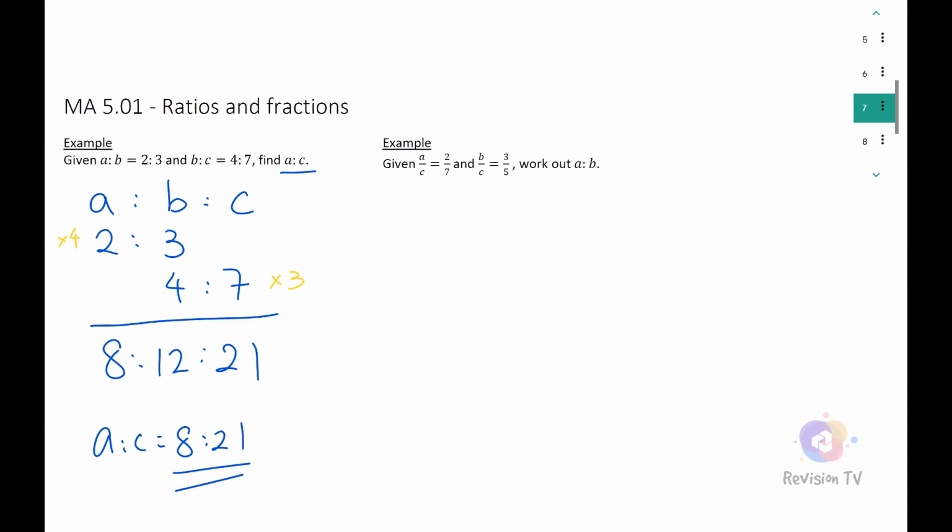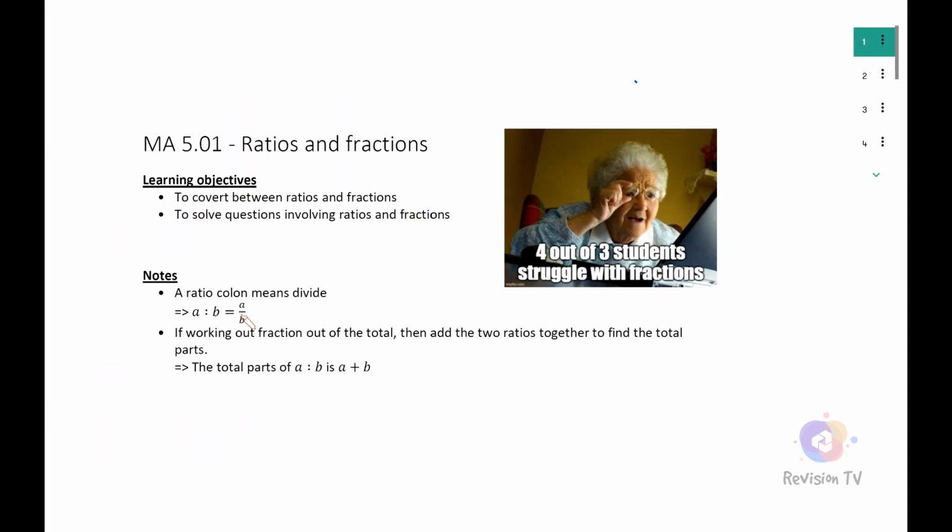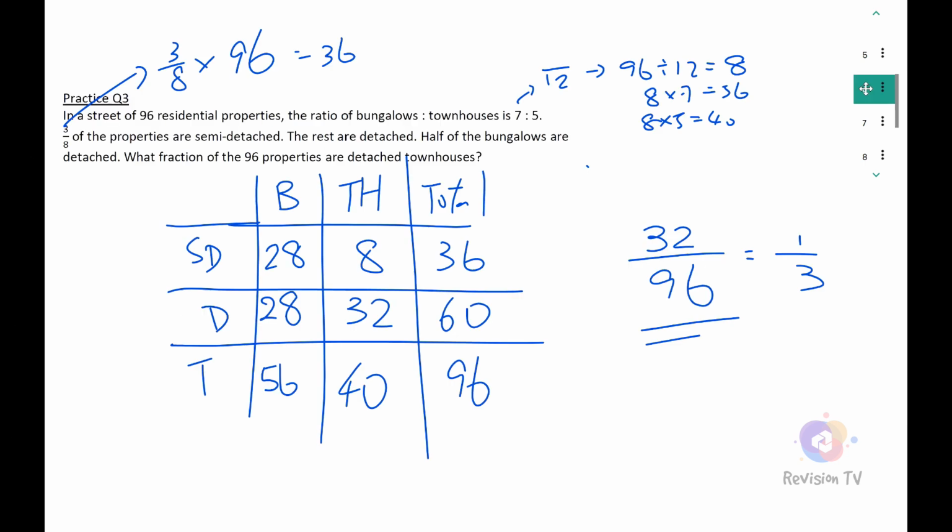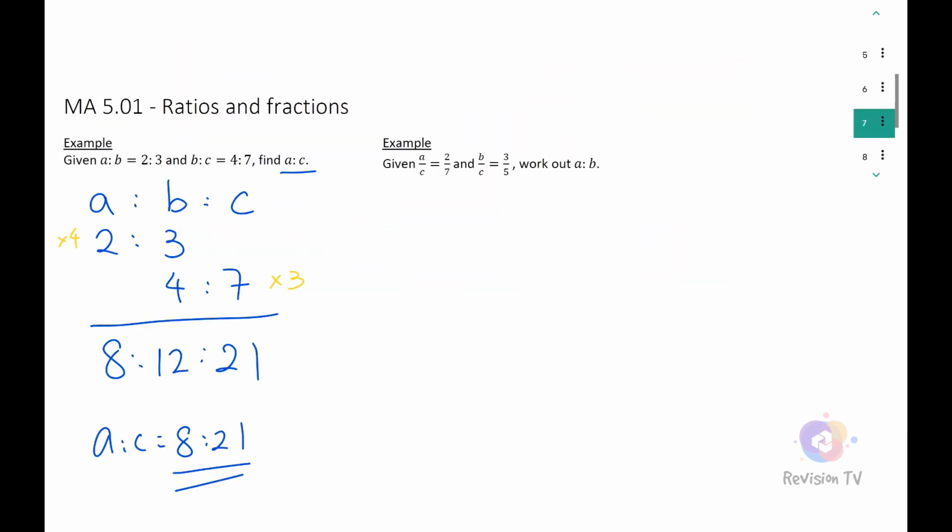Next example, A over C is 2 over 7. Now, if you remember what I said in the beginning about a fraction, we know A over C, the division line, also means ratio. So A to B is the same as A over B. So we can rewrite A to C is 2 to 7 and B to C is 3 to 5.